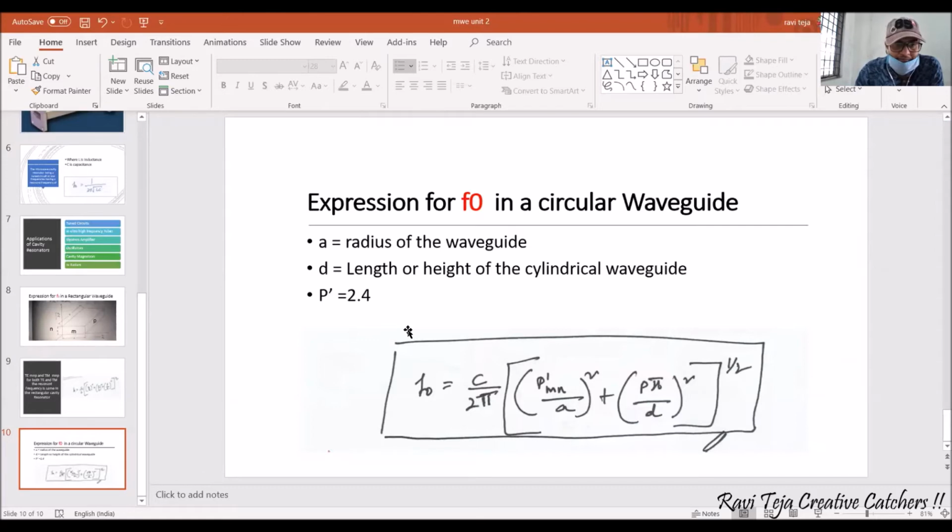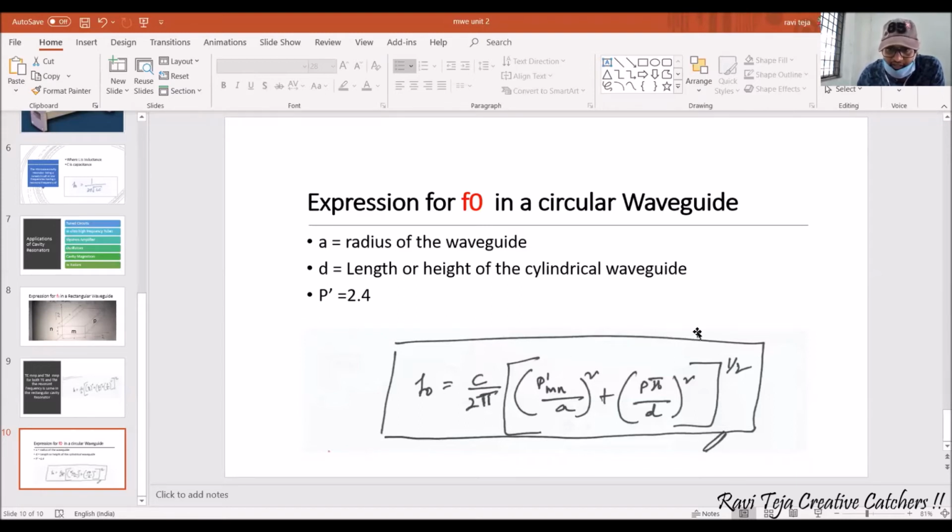Because the value is predefined for this circular cavity resonator, because mostly in a circular cavity resonator the minimum frequency will be 2.4 gigahertz. That's why in a circular cavity resonator, P dash or capital P is always 2.4, which is the minimum operating frequency in a circular cavity resonator.